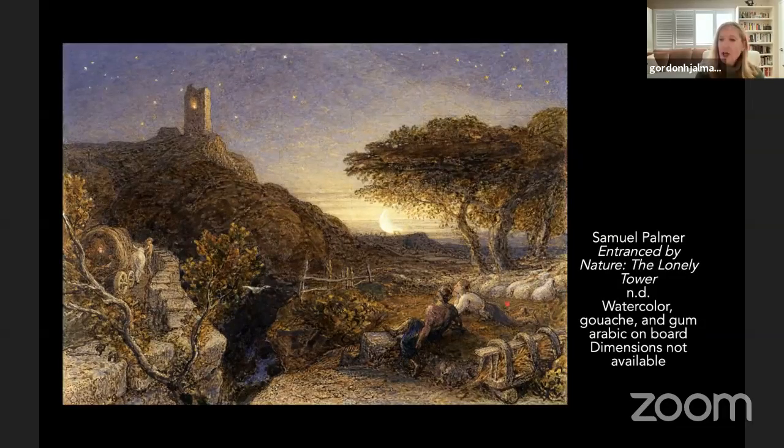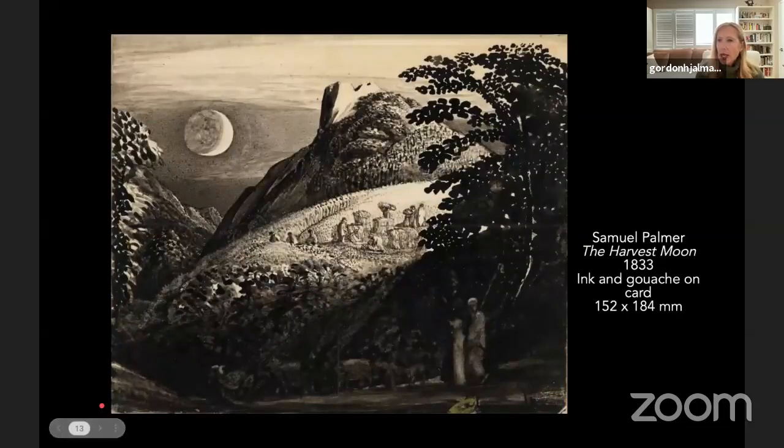Okay, I hope we can move on to The Harvest Moon, also by Samuel Palmer. And Palmer is a really interesting figure. As I said, he was a poet, a writer, an artist, very inspired by William Blake, looked a lot at Blake's work.